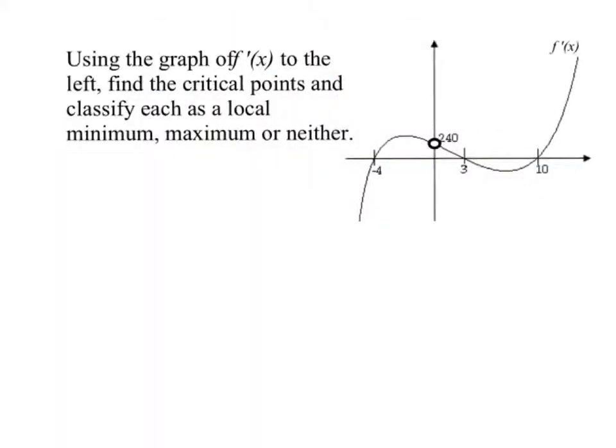Now, I want to use the graph of f prime to get the critical points. Well, remember, critical points are where the derivative is 0 or undefined. So we have a graph of the derivative. Let's list the critical points. At -4, the derivative is 0.